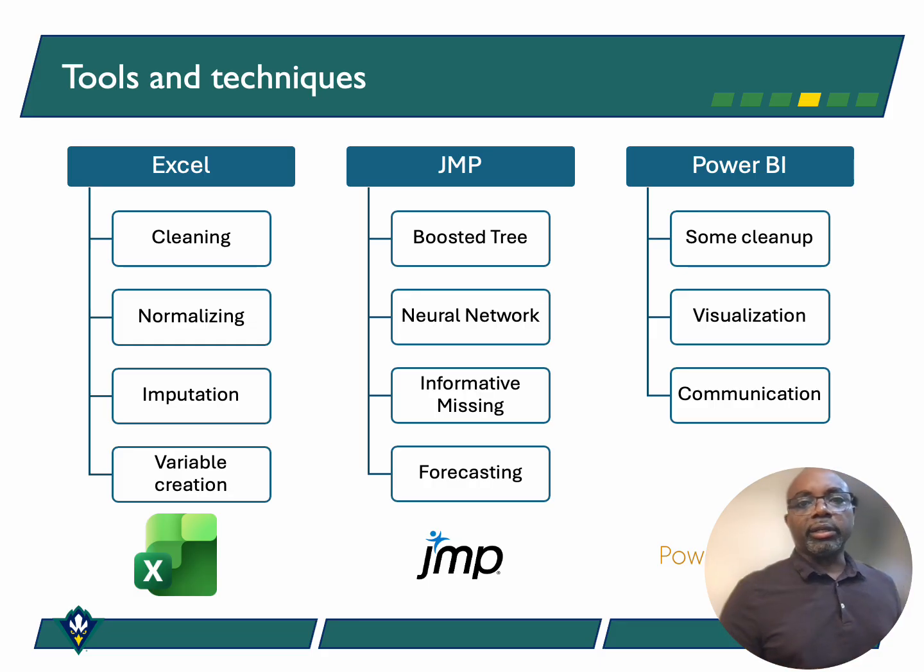Key techniques included variable engineering, boosted tree modeling to identify key drivers, neural network modeling for forecasting, while at the same time using the informative missing feature in JMP to capture patterns in incomplete data. These tools were appropriate because the dataset was multi-year, mixed type, and contained irregular missingness.